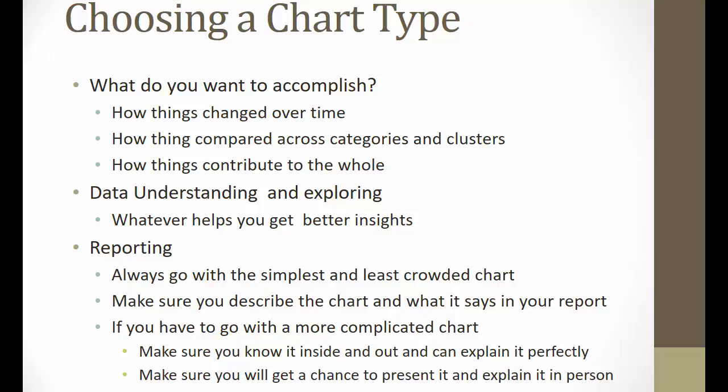And if for any reason you decide to go with a more complicated chart form, such as a radar chart instead of a line chart, remember that both of them are good for displaying trends across categories and time. But if you decide to go with a radar chart, you make sure that your narrative is super clear, and that you are there at the time of presenting your report to your supervisor or the team, so you can actually explain what that more complicated, less usual chart means.